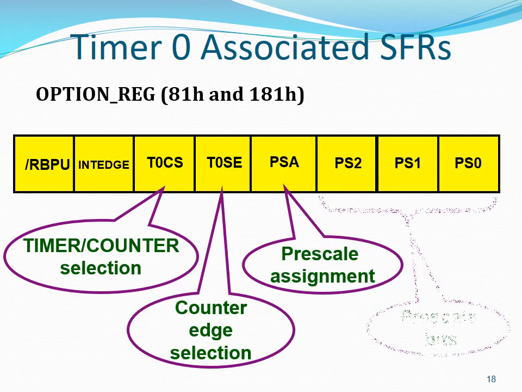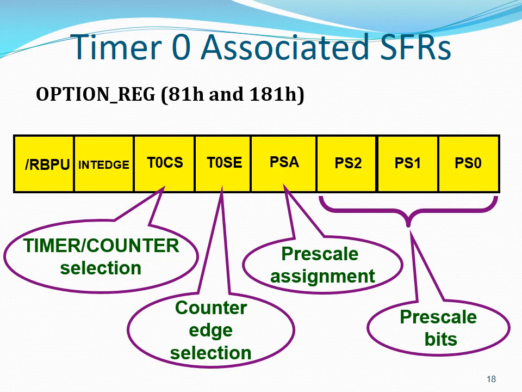Let's look at the bits in the option register that are used to control the operation of timer 0. T0CS is the bit that is used to select between the timing mode and the counting mode of the timer. T0SE is the bit that is used to select between the rising edge and the falling edge in the counting mode.